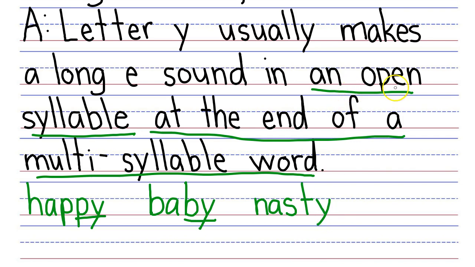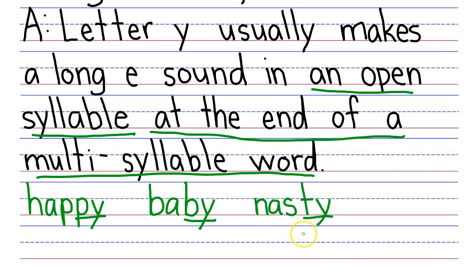So we know it's an open syllable, and this is a two-syllable word, so we know it's at the end of a multi-syllable word. Therefore, it's usually going to make its long E sound, E. So T-Y is the second syllable, says T. Nas-T, say it together fast, nasty.